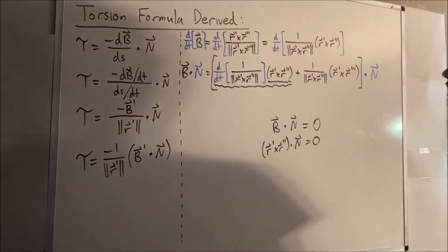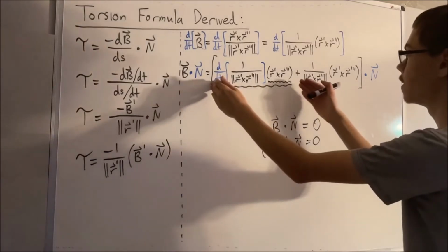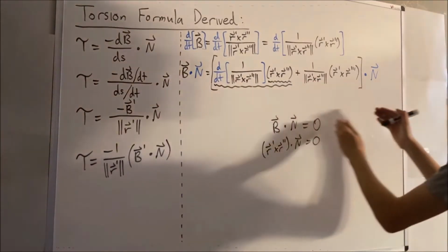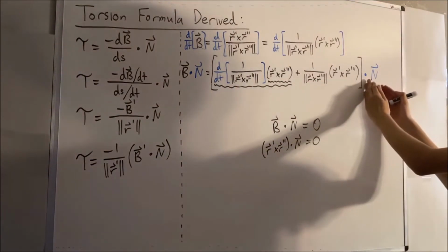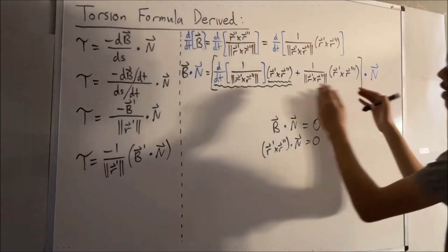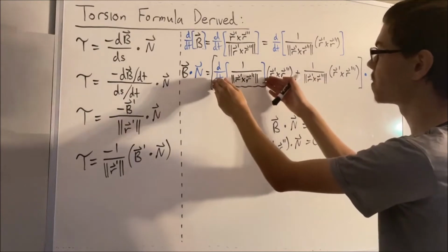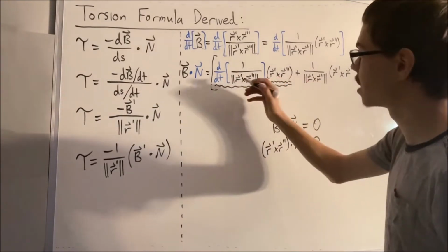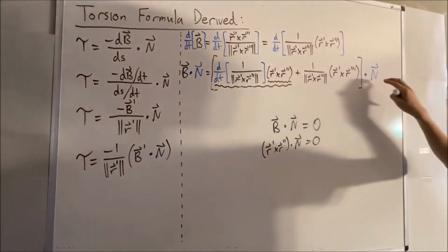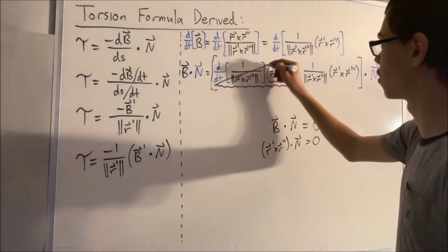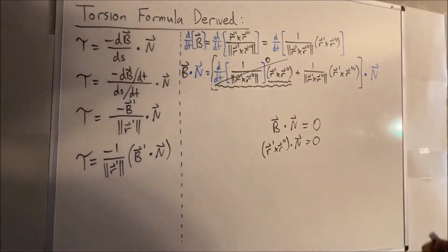And that's why when we take the dot product of this term and the unit normal vector, it results in 0. So this term doesn't even matter, right? So taking the derivative of this, we don't even have to do that. The dot product of this and n becomes 0, so we can disregard that term completely.